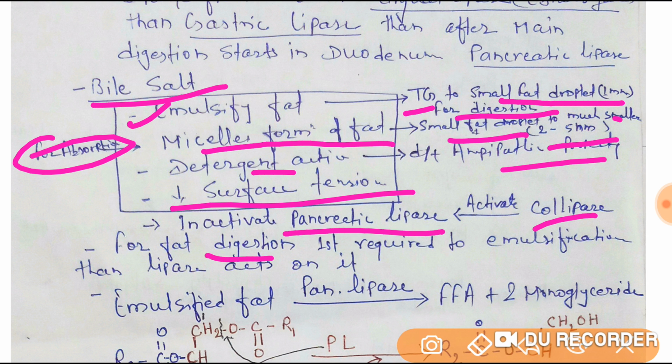For fat digestion, emulsification is first required, then lipase acts on it. So first, digestion of the fat requires emulsification. When the fat is emulsified, it forms micelles, and the lipase acts when fatty food is emulsified.